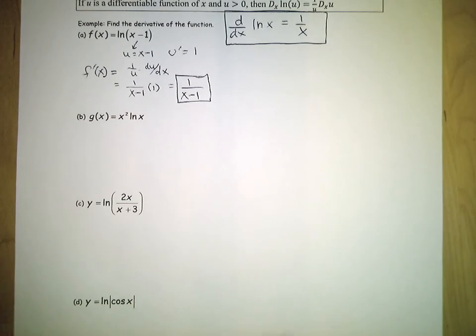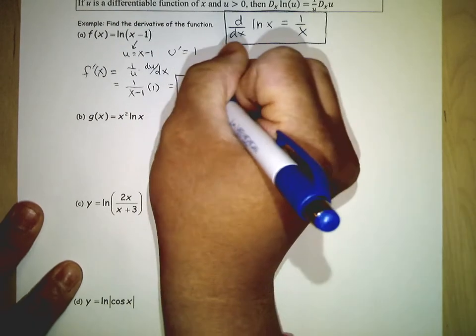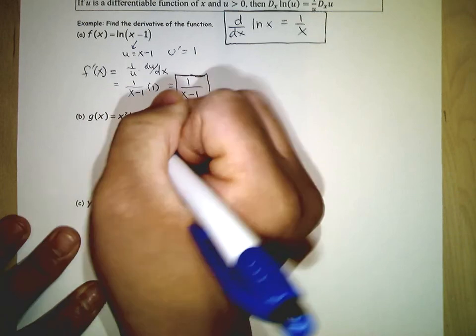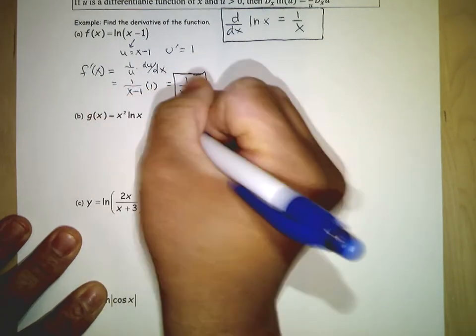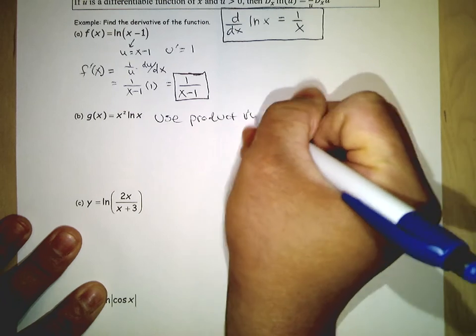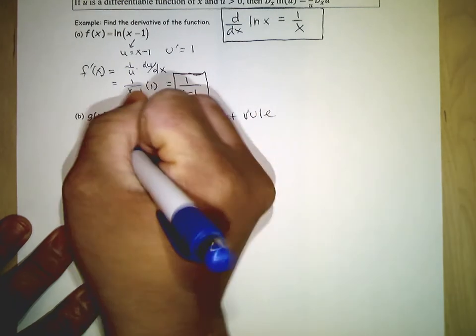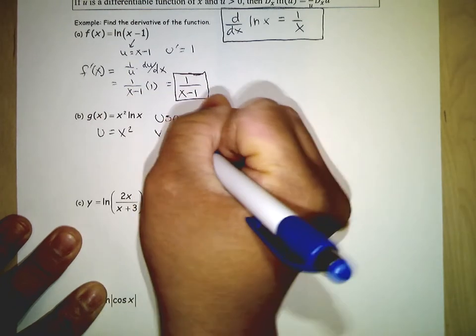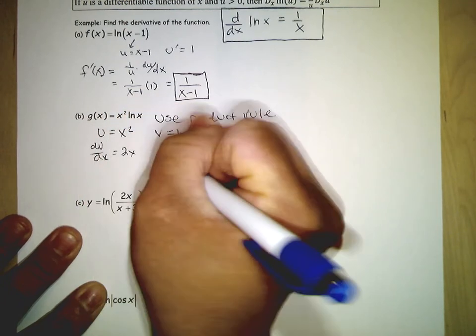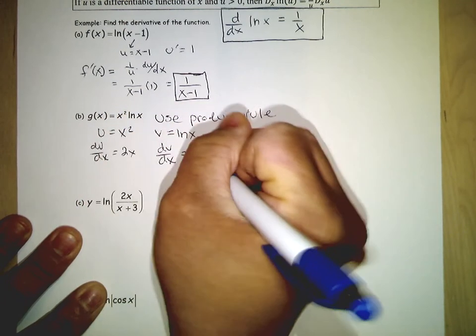All right, let's try again. So here we have a product. So we are going to use the product rule for finding derivatives. So u will be x squared, v natural log of x. So du/dx is 2x, dv/dx is 1 over x.